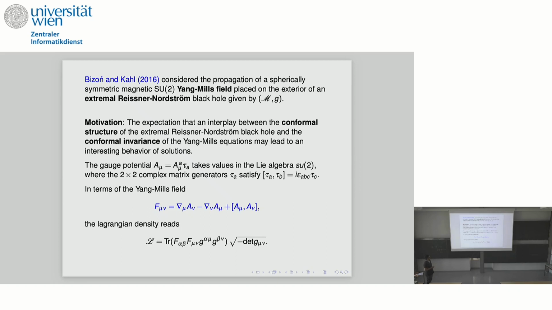In terms of the Yang-Mills field, you have the F mu nu, the classical, and the Lagrangian is written this way. So here you see the particular setting we are working with, with the black hole.